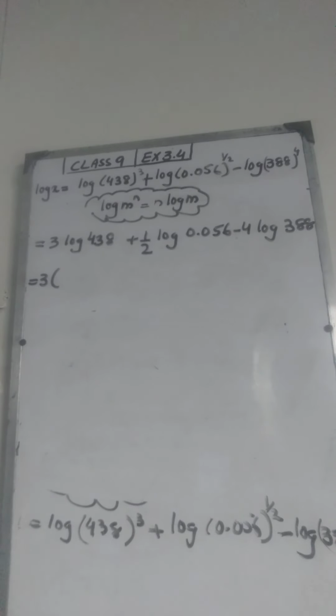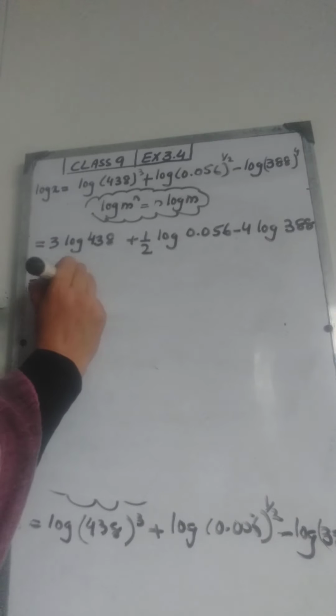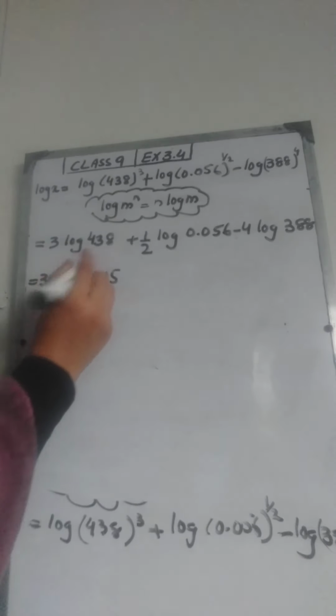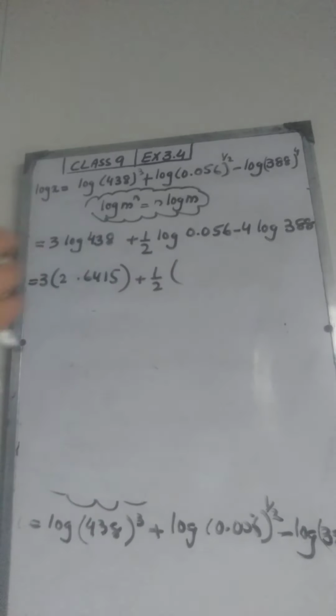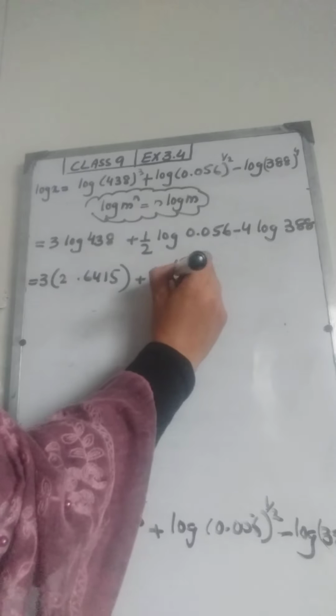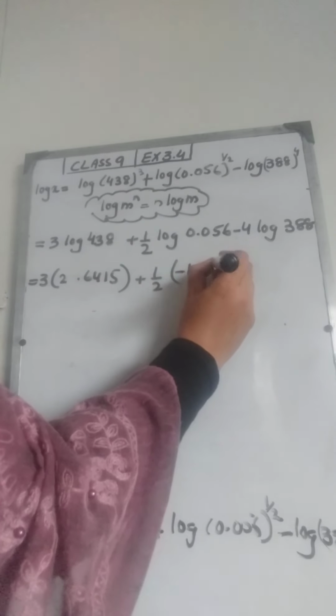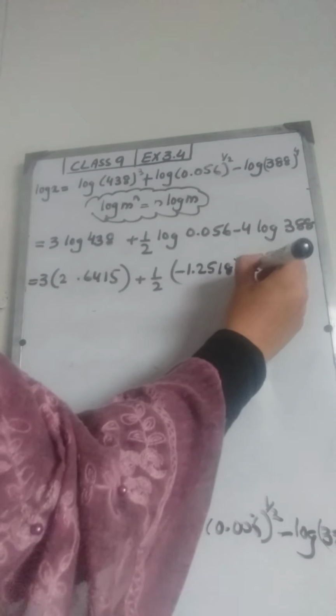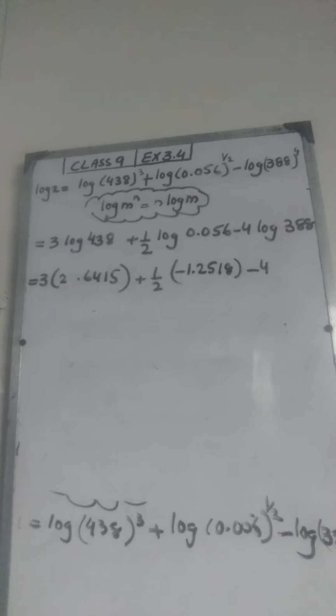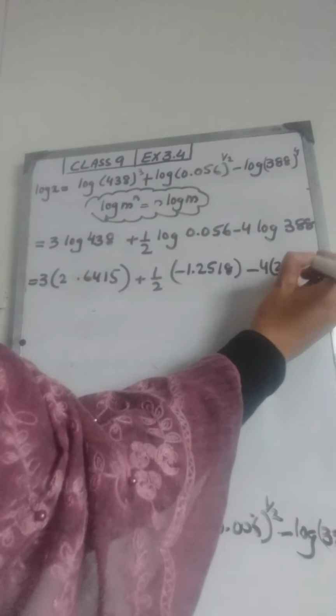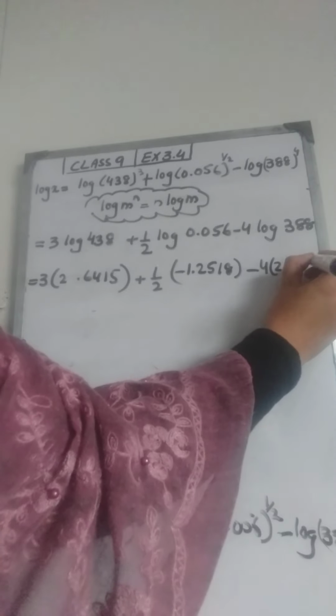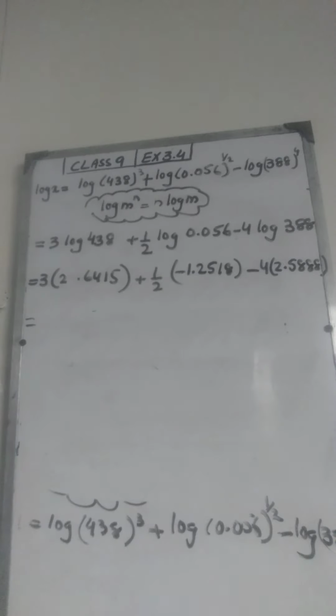Log of 438 will be 2.6415, plus half, and log of 0.056 will be negative 1.2518, minus 4, and log of 388 will be equal to 2.5888. Okay?